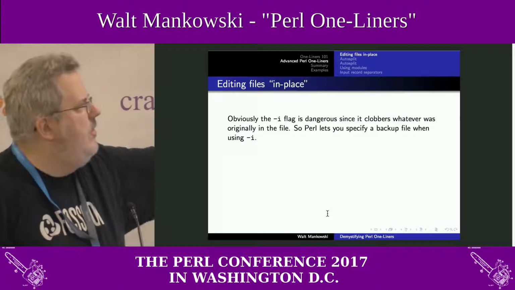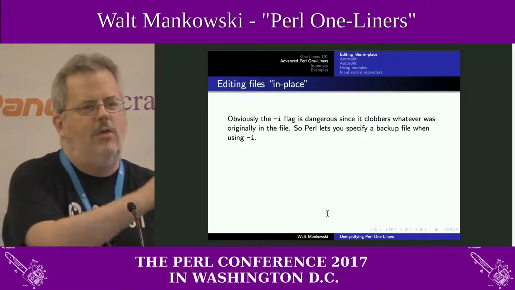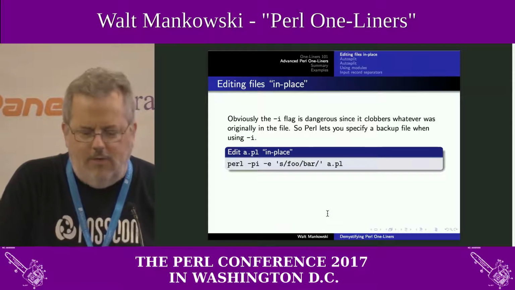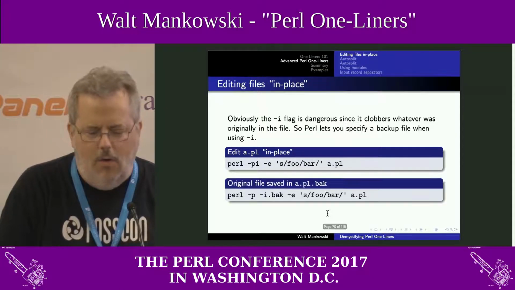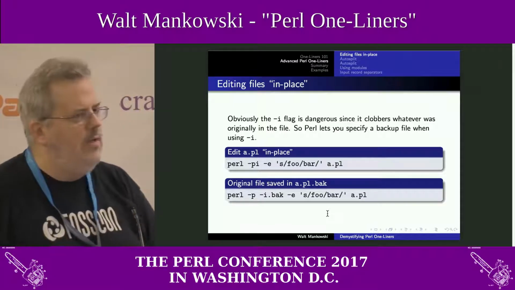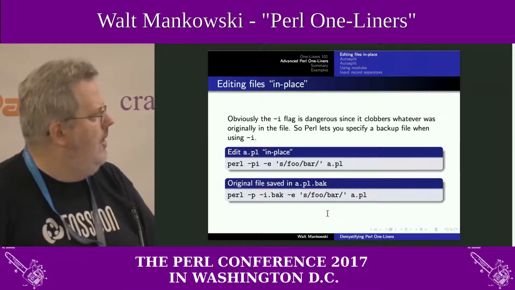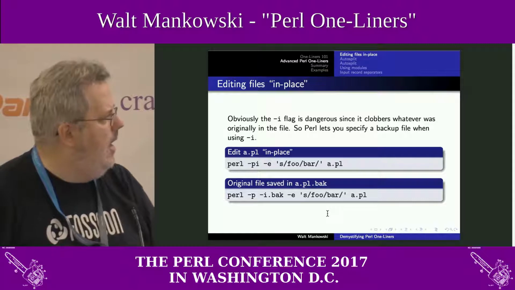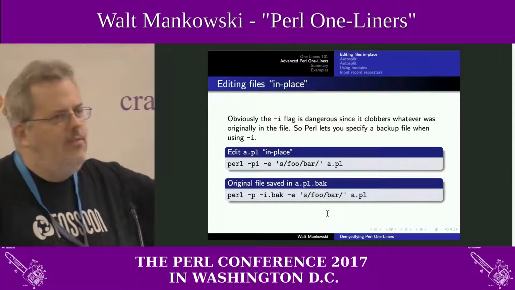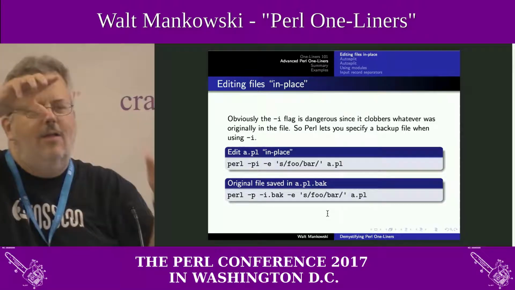Right, but obviously it's dangerous, right? Because if you make one mistake, you've clobbered everything else. So you can also specify a backup file. This is what I had before, and if you put some sort of an extension after the -i, then it saves the original file under the name of the file plus that extension.